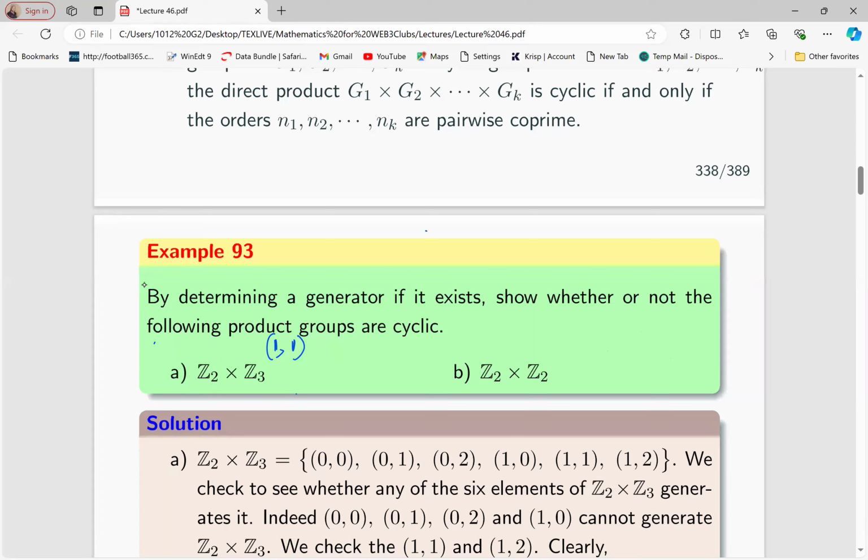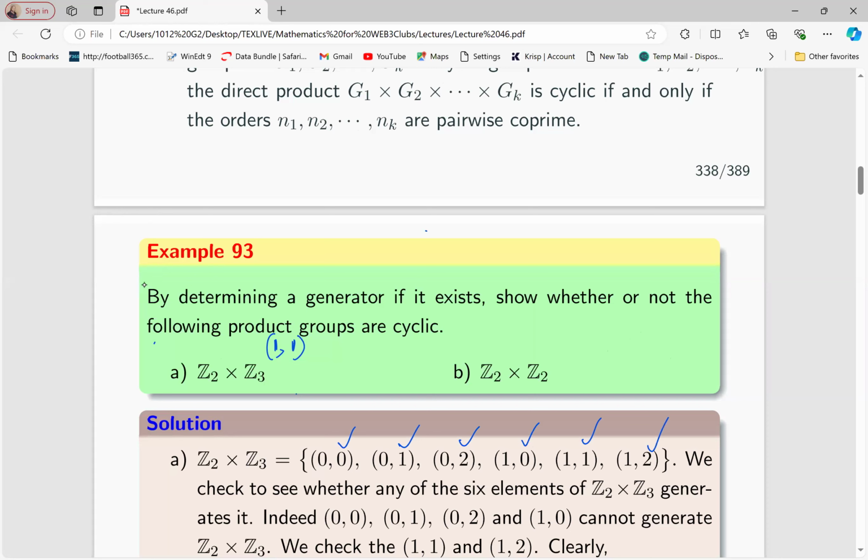A generator is an element that will generate all the other elements. So all the other elements are these. Can one generate these elements? That's the question. So we want to add one to itself several times. That's what we were doing last time.